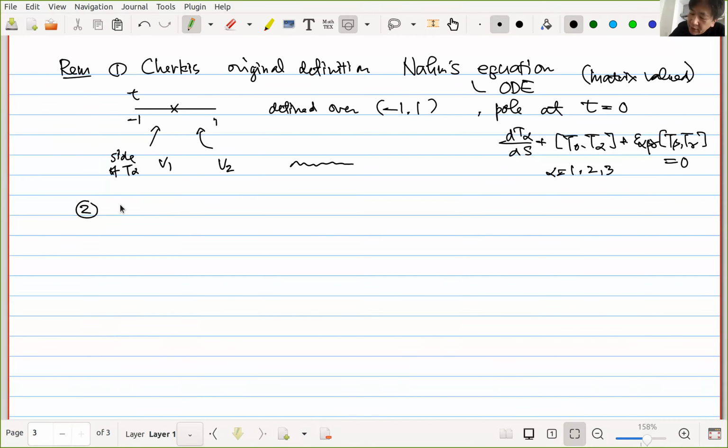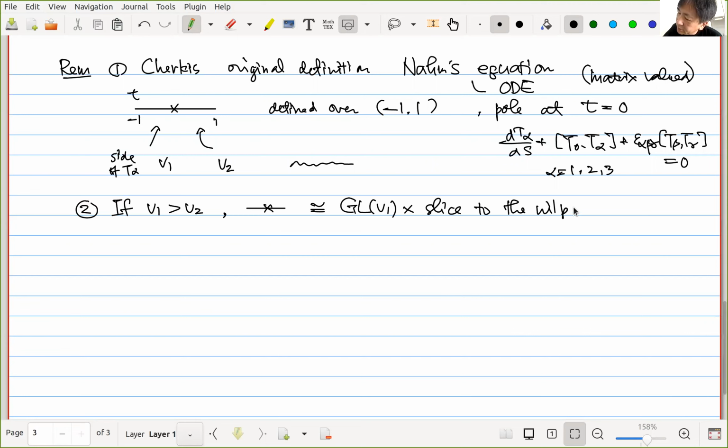And the second remark. Suppose the dimension of V1 is greater than V2. Then this bow variety is isomorphic to GL V1 times a slice to the nilpotent orbit corresponding to this Young diagram.